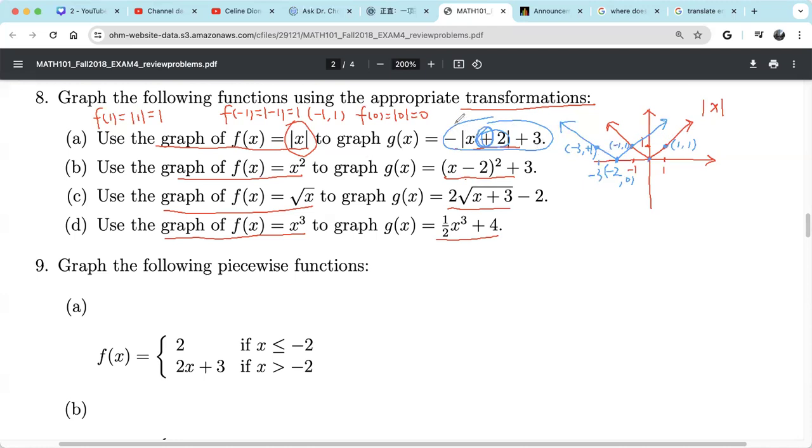Now the second step, we're going to do this reflection. Let's use green color. We have this reflection because this is a -1. This means every absolute value becomes negative now. Only the 0, 0, or this vertex, doesn't change. So blue color is absolute value of x plus 2.